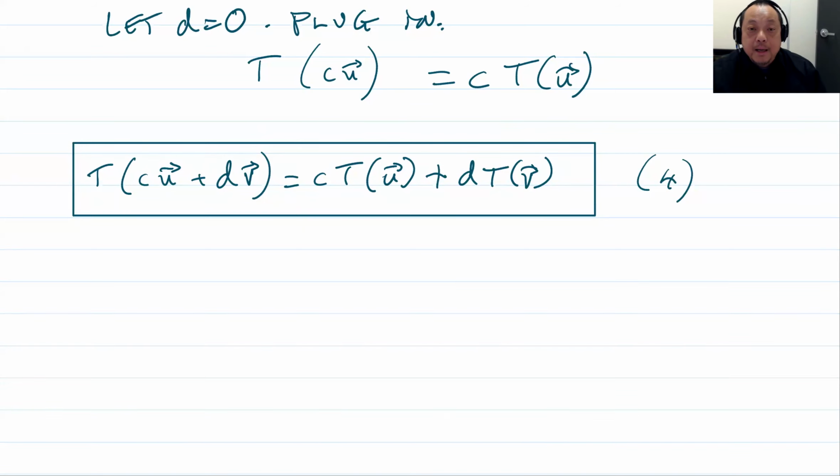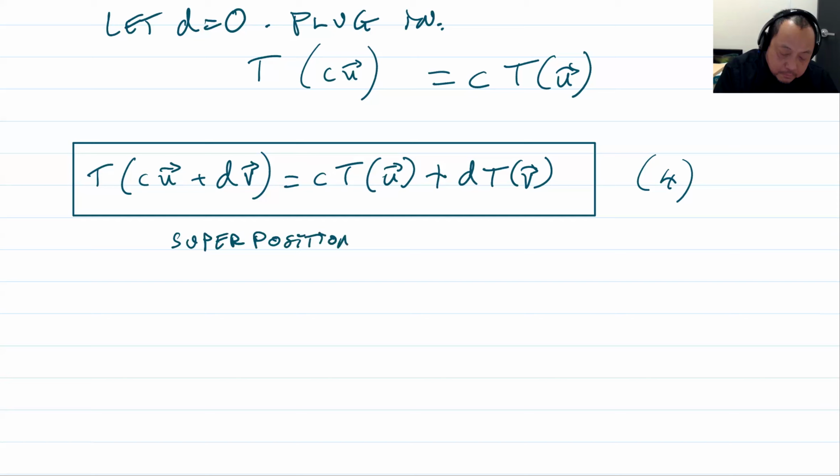Set the box up, and I'm going to give it a name. Well, I didn't. Everyone else did. It's called the superposition property. And it has awesome applications in physics and engineering. And in fact, this can be generalized to more than just 2 vectors.